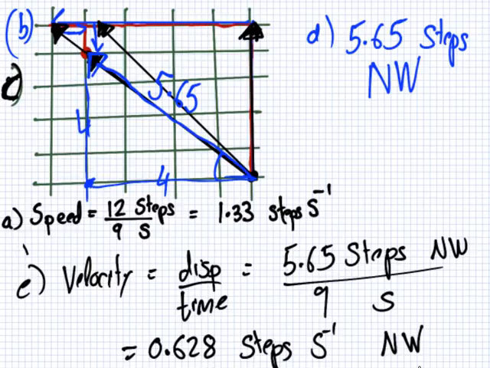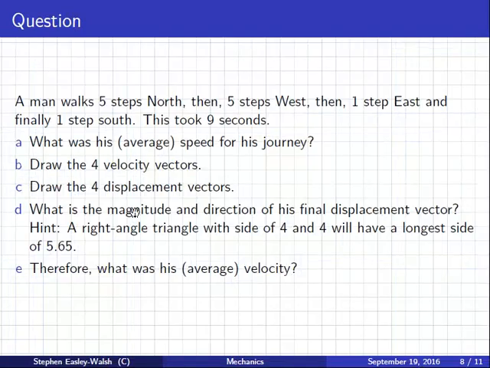In the exam, I was saying that it's a section A question, but this one here has many parts in it. That's because I broke it down to make it simpler. In the exam, it would just simply say, a man, blah, blah, blah, and then the question is, what is the average velocity?